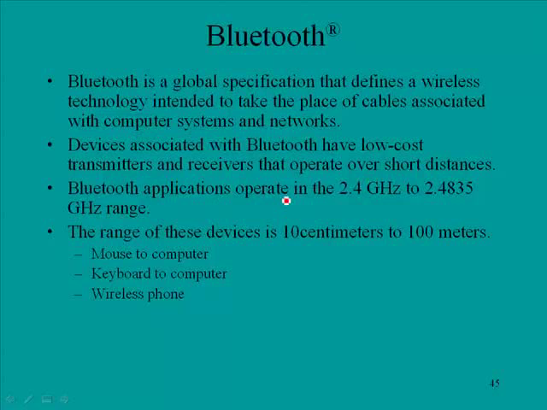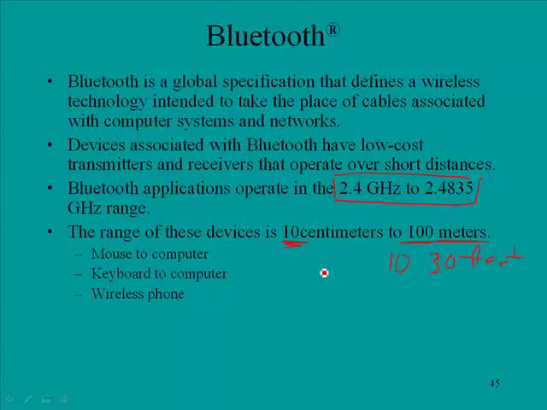Bluetooth applications operate in the 2.4 gigahertz to 2.4835 gigahertz range. The range of these devices can be as short as 10 centimeters, and up to 100 meters. Actually, there are 3 classes of Bluetooth devices. Your text doesn't get into it, and most of the devices are going to be up to 10 meters, or about 30 feet.